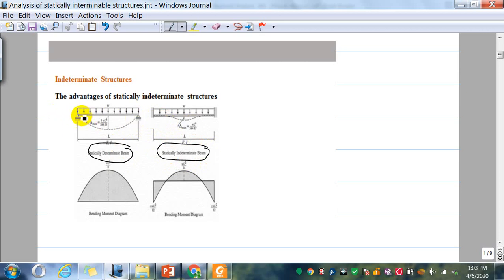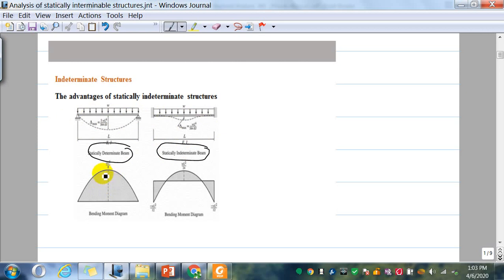If I convert these two supports to fixed, then it becomes statically indeterminate. The reason is, if you take the statically determinate structure, how many unknowns do you have? You have 3 unknowns. But if you take this one, you have 6 unknowns, and you can't resolve 6 unknowns using standard equilibrium equations.